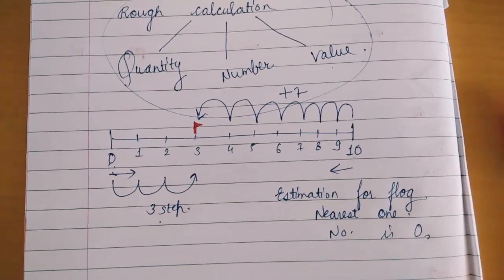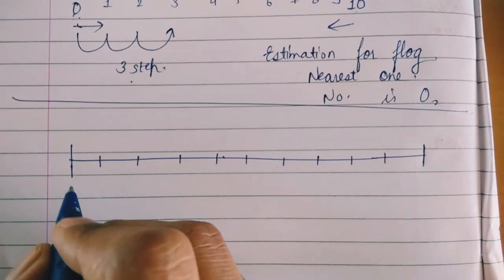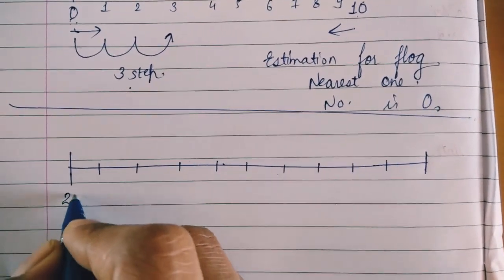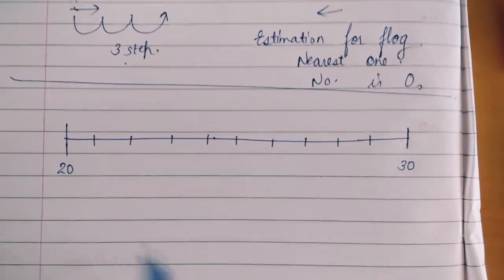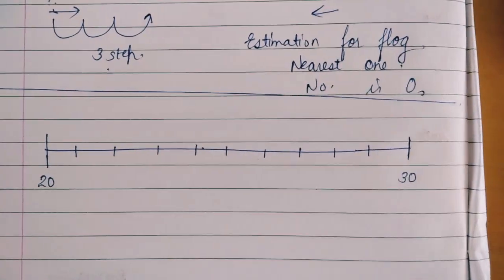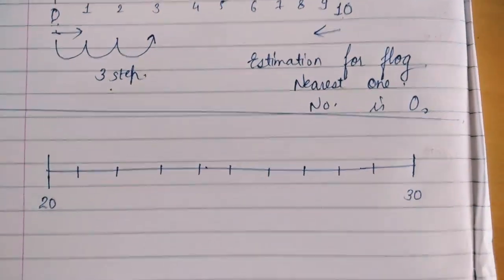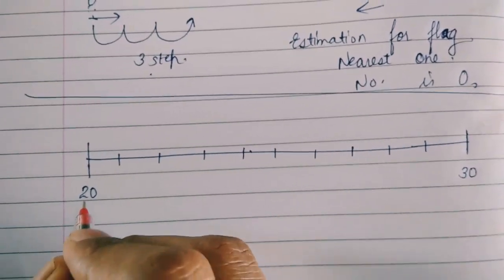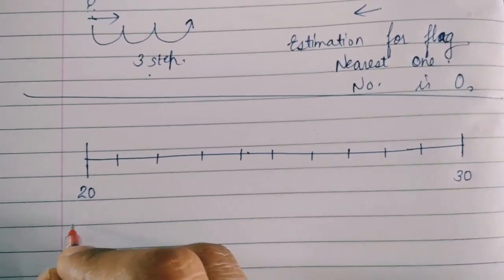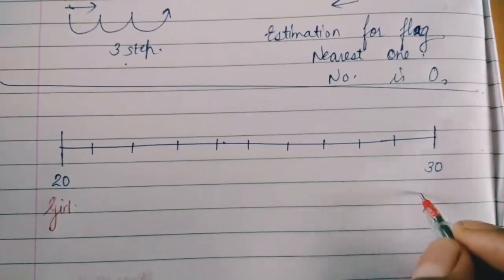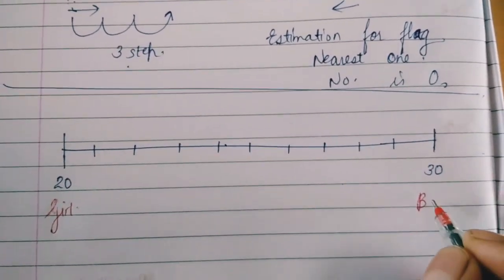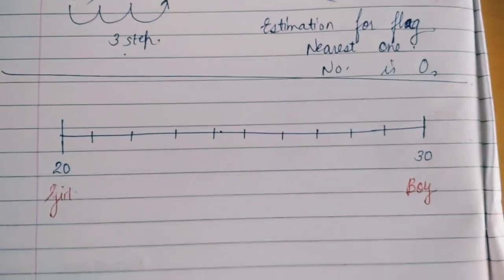One more example we will see. If we have the numbers 20 and 30, and on point 20 a girl is standing, and on point 30 a boy is standing.